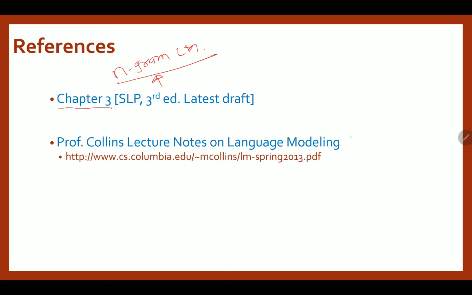I will also share the language modeling lecture notes by Michael Collins. I did not check whether this is still available there, but I have a copy, so I will share this lecture note on our Teams group.